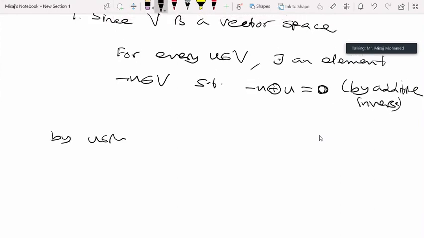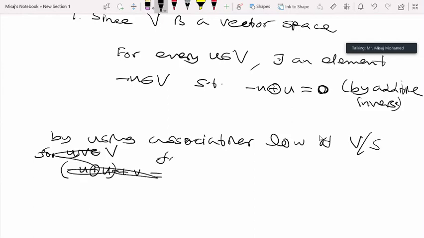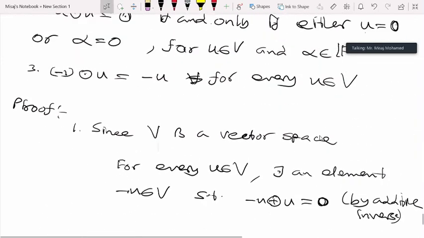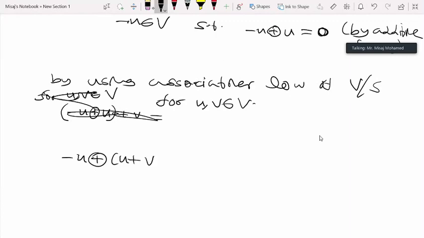Right. Now, by using the associative law of vector space, consider minus u plus v, for u, v in V. Minus u is also an element of V. Keep it in mind.